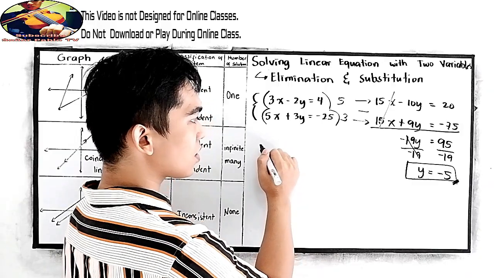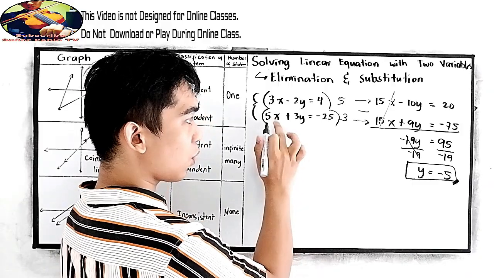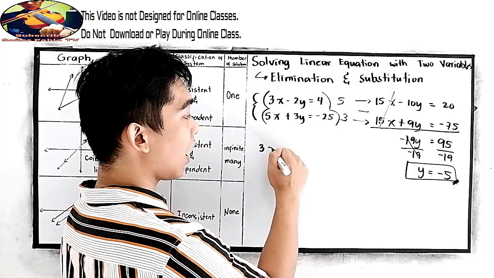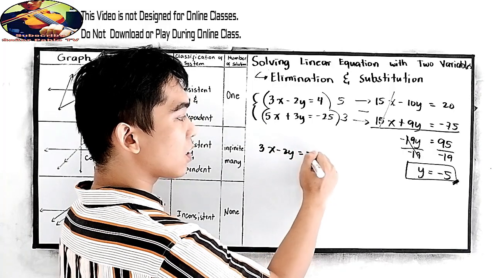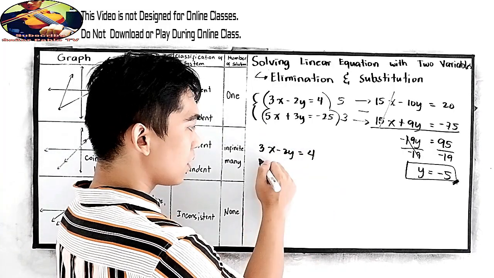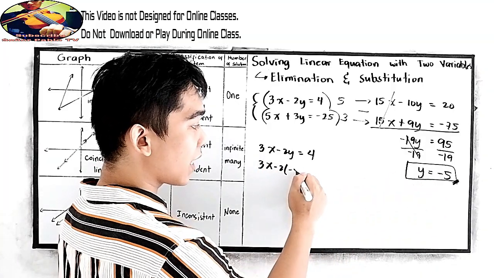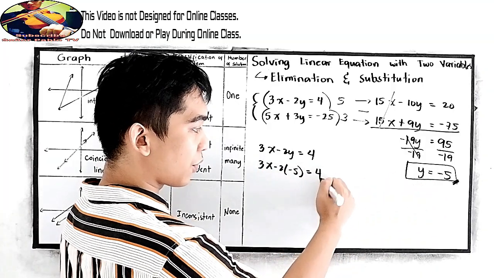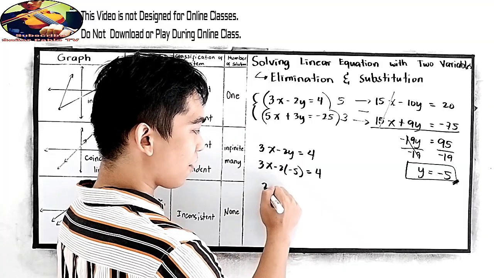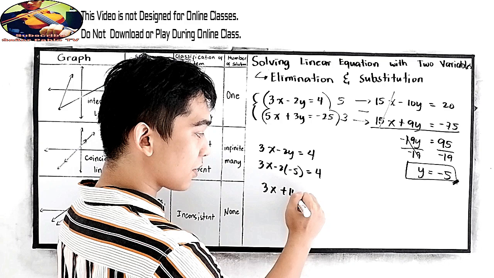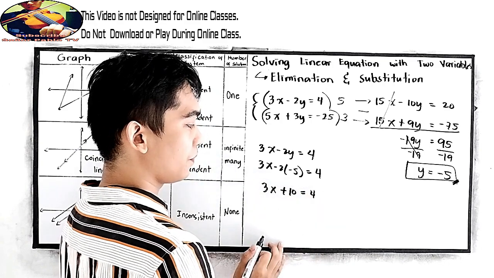Now, let us use equation 1. 3x minus 2y is equal to 4. So 3x minus 2 times our y, negative 5, is equal to 4. So we have 3x, negative 2 times negative 5 is positive 10, is equal to 4.